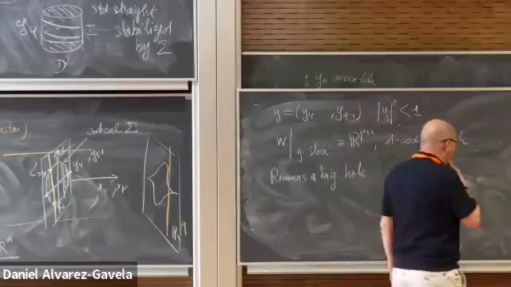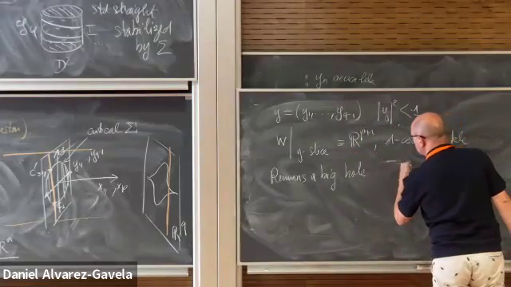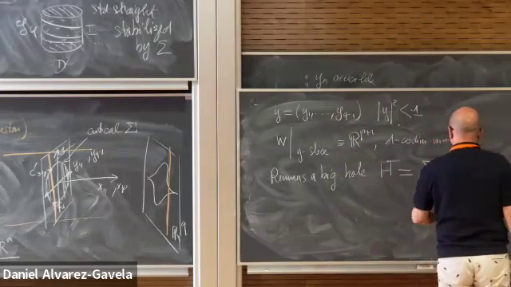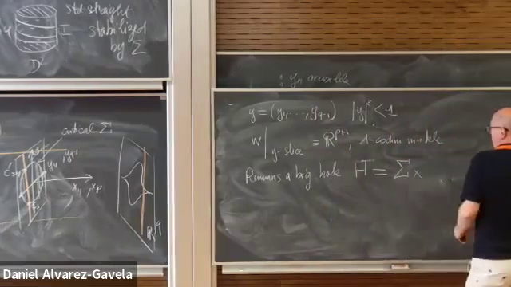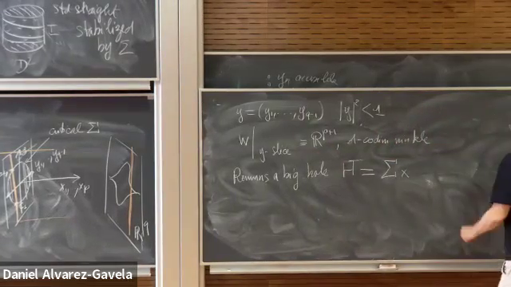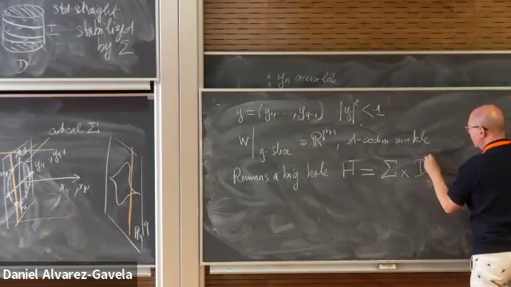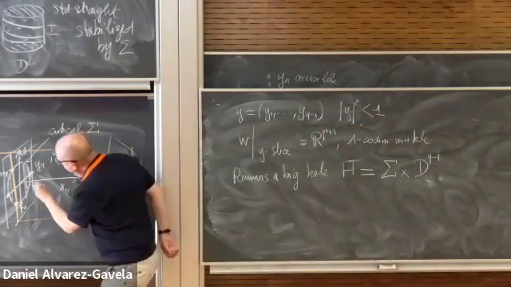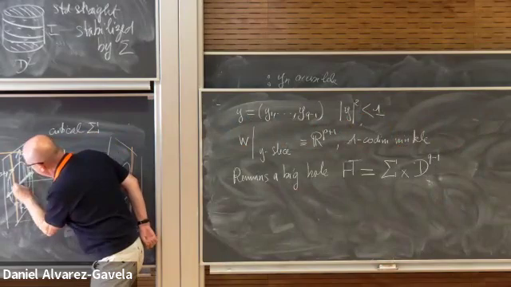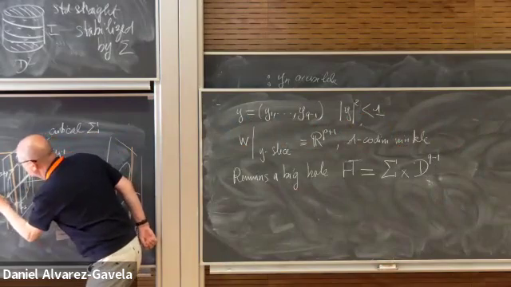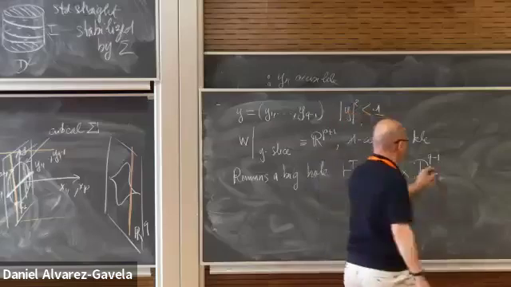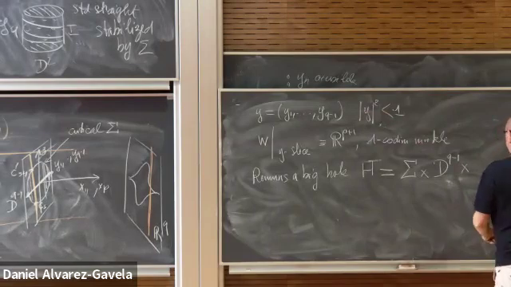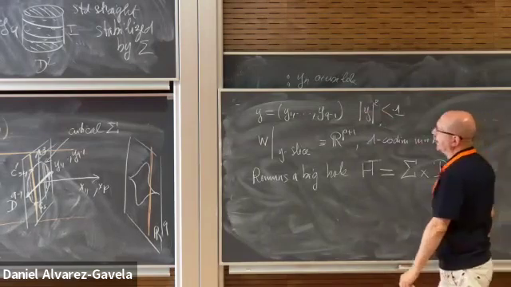So the big hole also had the form sigma cross D to the q minus 1. This is a big disk. Cross I. Is that it?